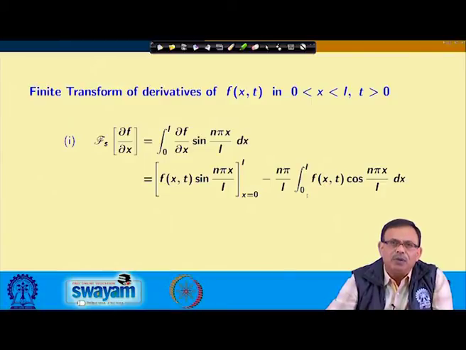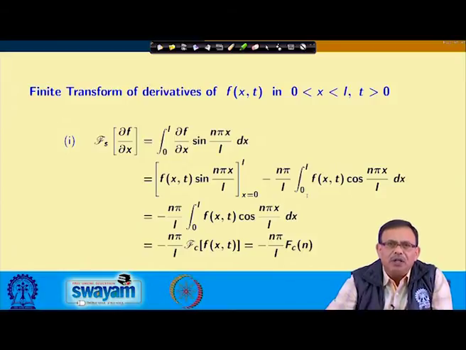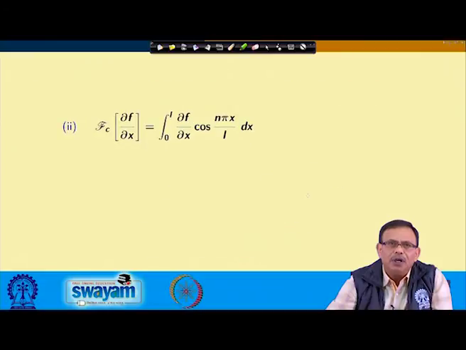The first term will vanish when we put the limits 0 and L. So you will have only this thing, and this integral is the finite Fourier cosine transform of f x t. Ultimately we are writing minus n pi by L into the finite Fourier cosine transform of f of x t.